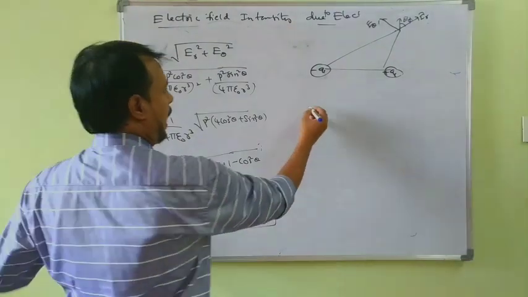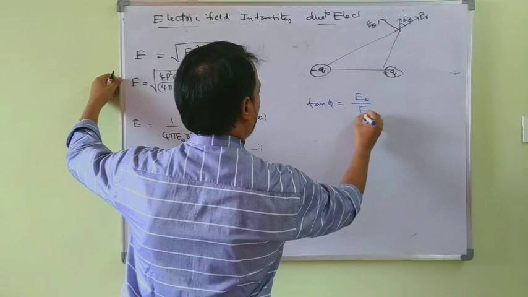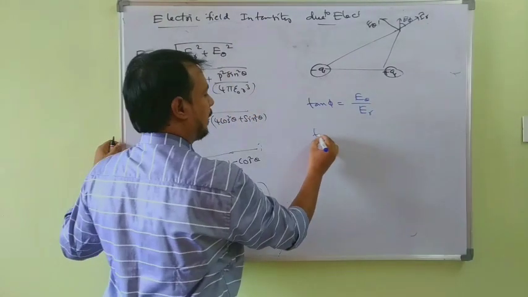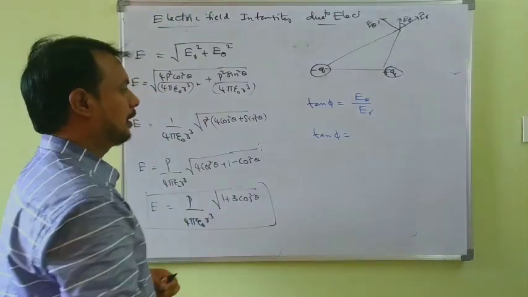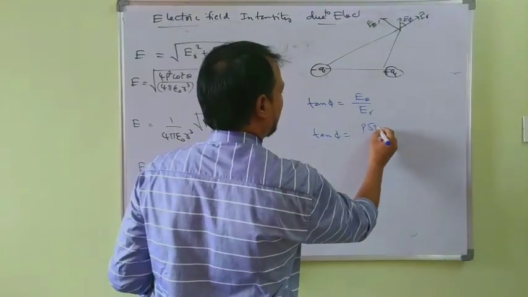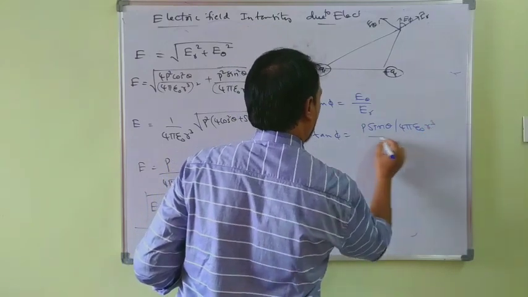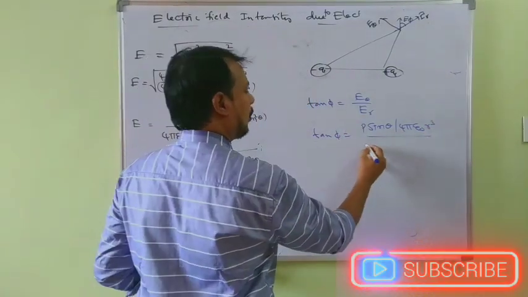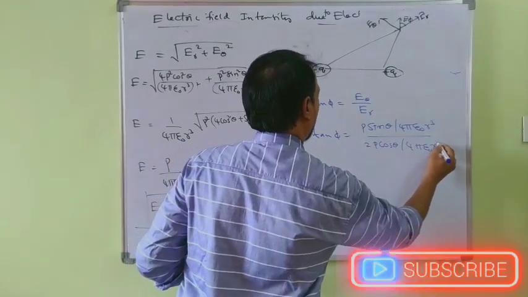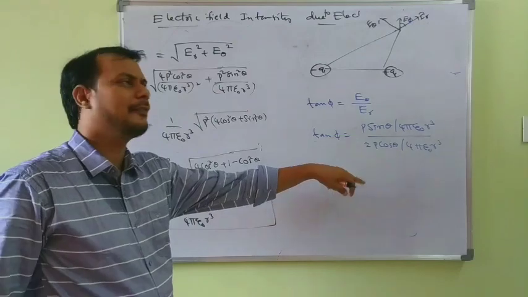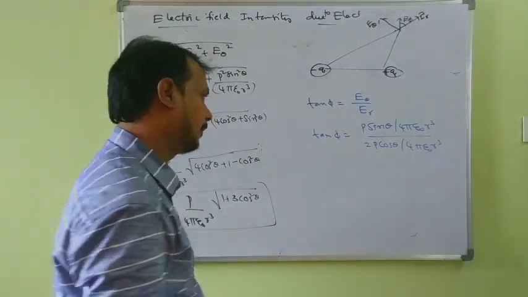So tan phi is nothing but the transverse component by the radial component, that is tan phi equal to E theta. Just now we derived E theta, that is P sin theta by 4 pi epsilon naught R cube. Radial component is 2p cos theta by 4 pi epsilon naught R cube. Already we derived these two equations for the radial as well as transverse electric field.